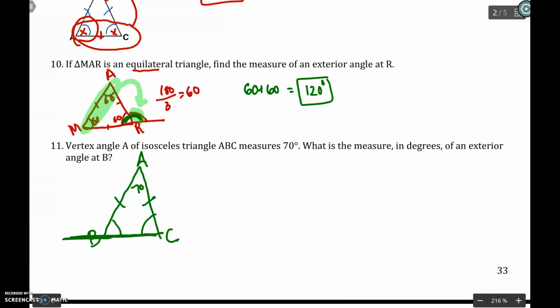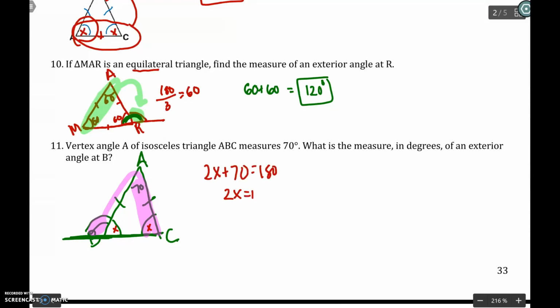Now we kind of have to do things a little bit differently here, because this angle would equal the 2 non-adjacent added together, the 2 far away ones. But I don't know what either one of those is. So I have to do a little bit with the isosceles triangle first. Remember, you don't know either base angle, but you do know they're the same, and that the whole triangle would add up to 180.